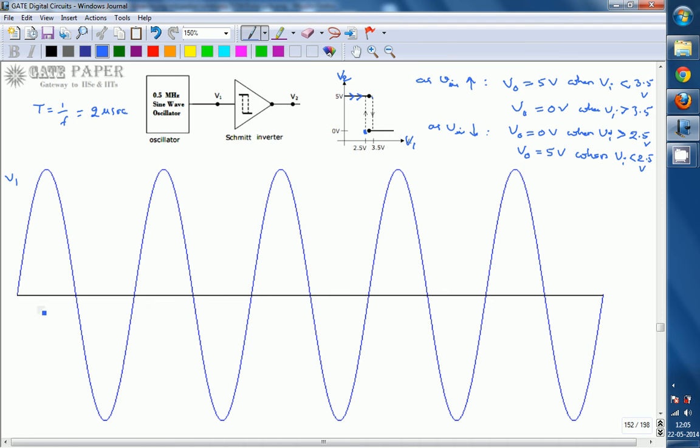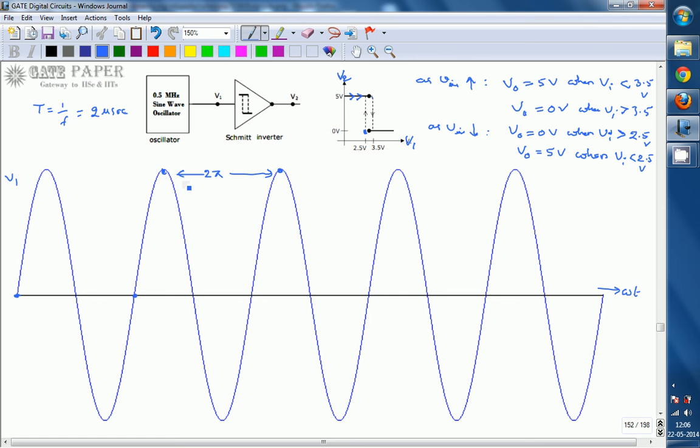One cycle is 2 microseconds and half cycle is 1 microsecond. This is the time axis, or you can say omega t or t. One complete cycle starts at this point and ends at this point, or may start and end at other points, consisting of 2 pi radians. Every cycle consists of 2 pi radians.